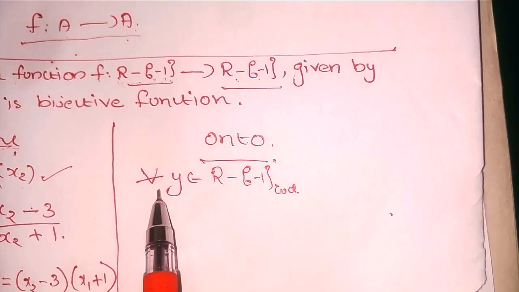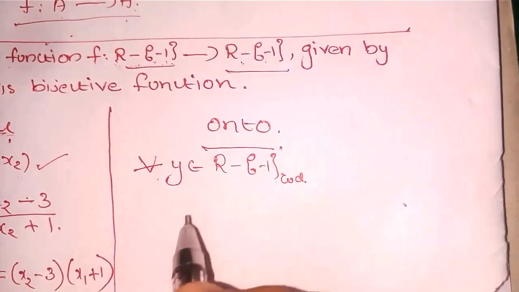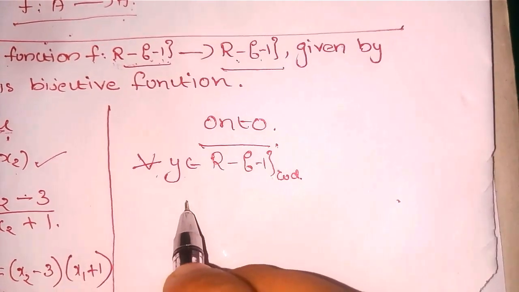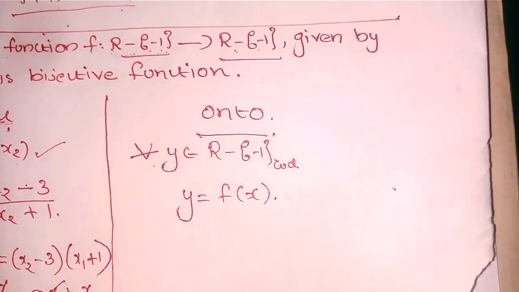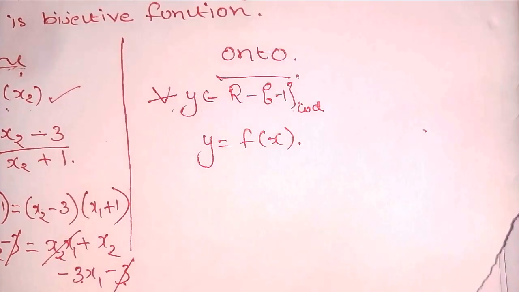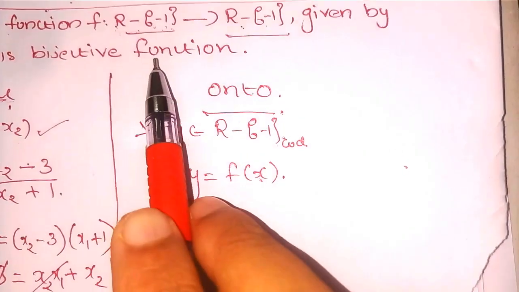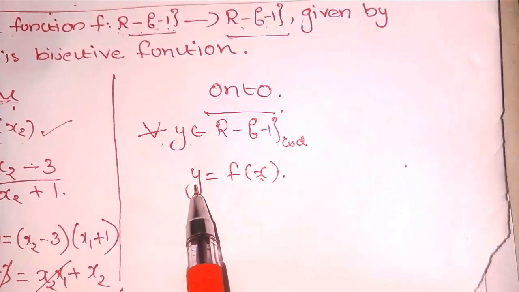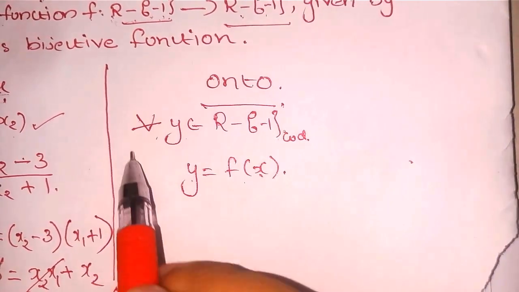For every element from the codomain, if we are able to find an x satisfying the condition y is equal to f of x, then we can say the function is onto. So we want to find an x in the domain satisfying the condition y is equal to f of x.